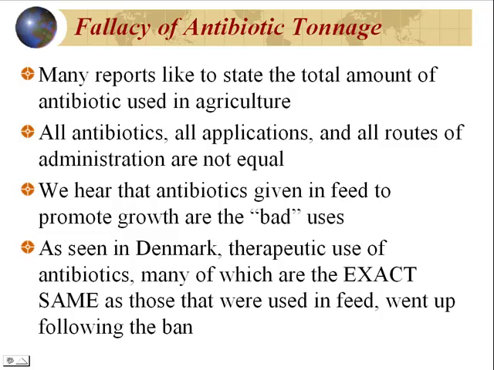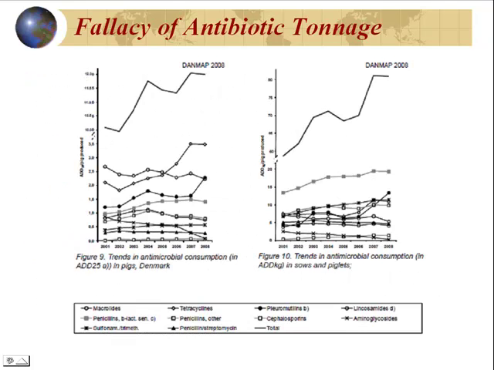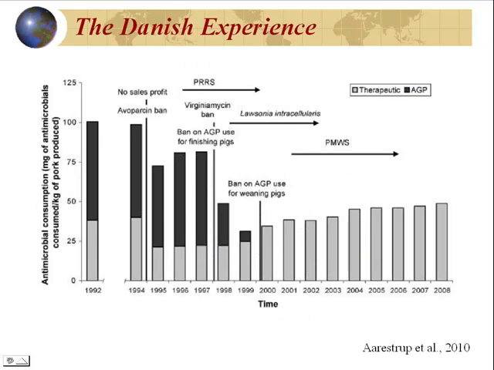So they got rid of very low doses being used per animal, and instead what they're doing is dealing with a lot more sick animals, and so they're giving lots of high-dose therapeutic administrations of antibiotic. This is a classic graph. This just came out in 2010. What it shows are, in black, your growth-promoting uses, and in gray, your therapeutic administrations.